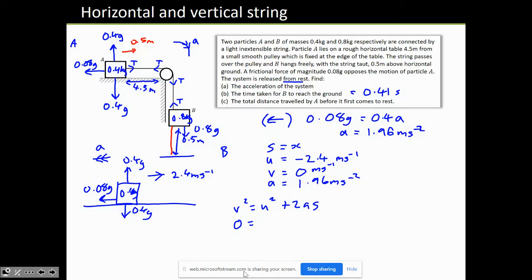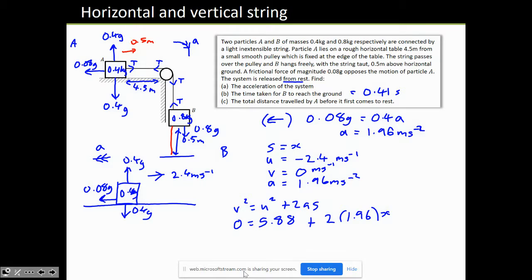So it's a negative number squared, which is 5.88 in this case. So I've used my exact value. I haven't used my 2.4 because that was the two significant figures. And then plus 2a, which is 1.96. And then s, which is x.